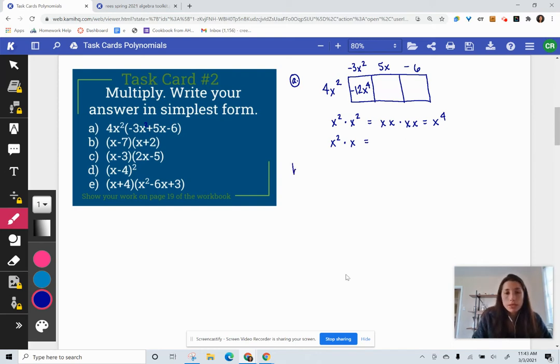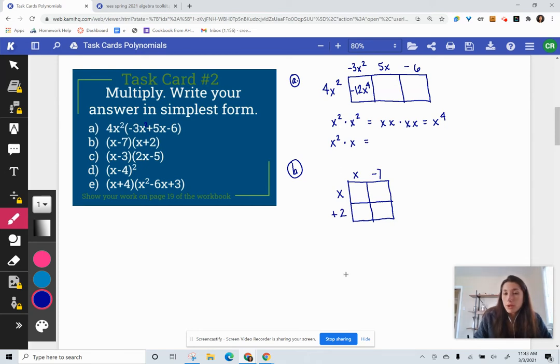Okay, on question B, we have 2 terms, binomial, and 2 terms, binomial. So the box that you could create for that is going to be 2 by 2. And it doesn't matter, you can place x minus 7 along the top or along the left side. I placed it on the top, so I'm going to place x plus 2 along the right side here.